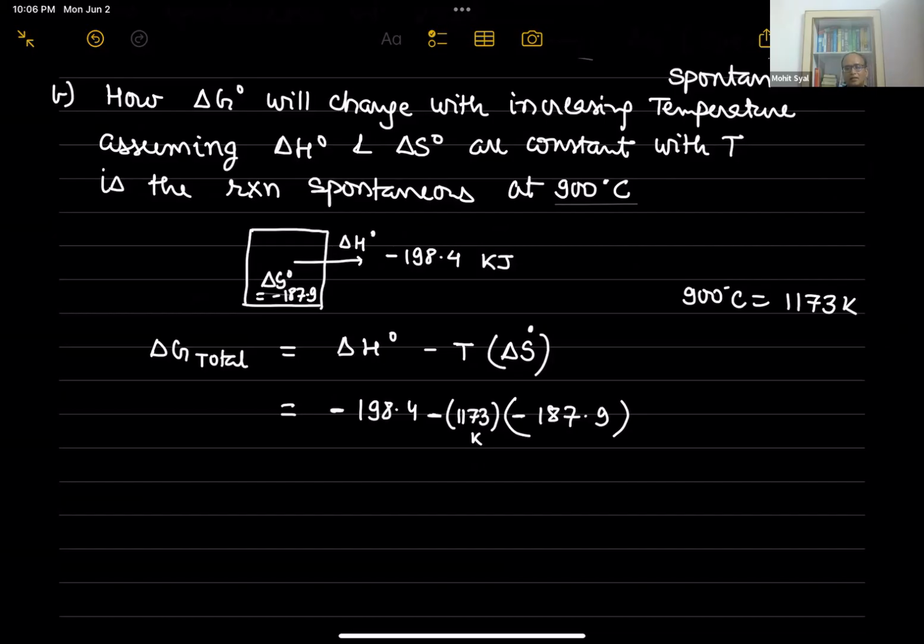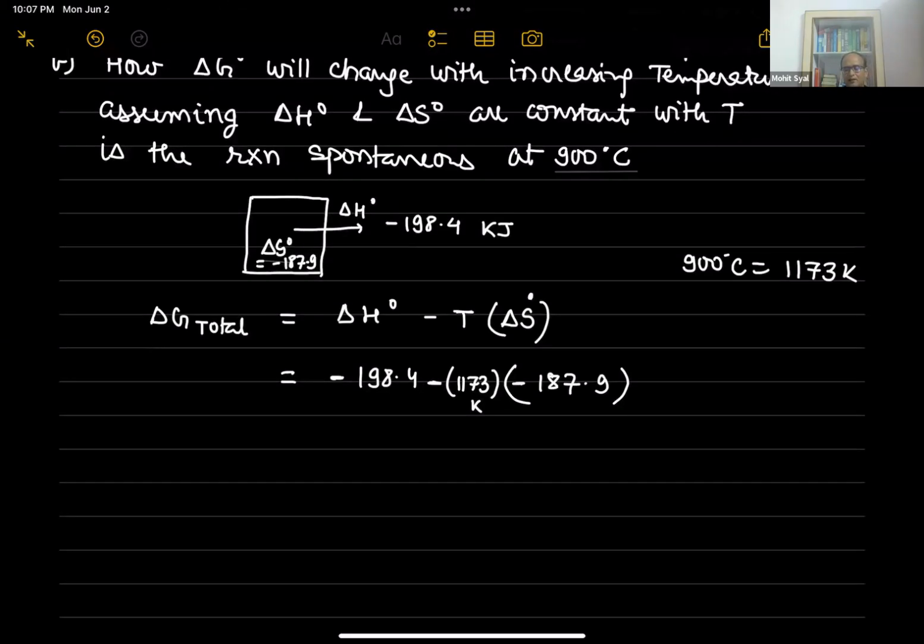So at another temperature, the delta H and delta S are given as constant, and you are asked to calculate the delta G at that temperature. So put that temperature in: delta H minus T delta S. Are you getting the point? Is this clear? Just let me know whether the delta G is positive or negative.